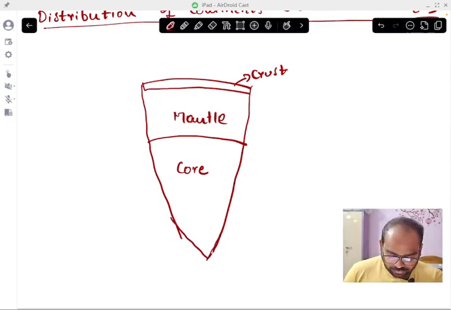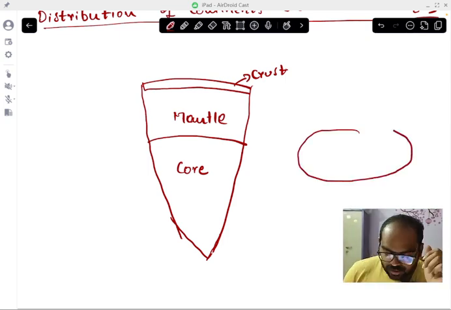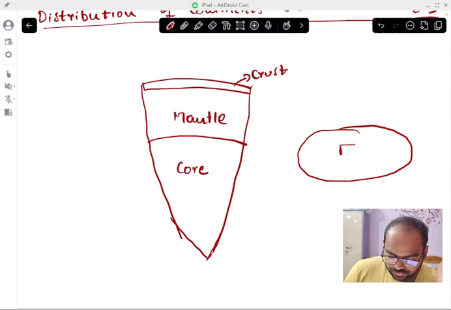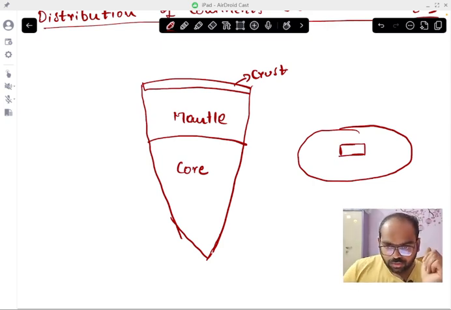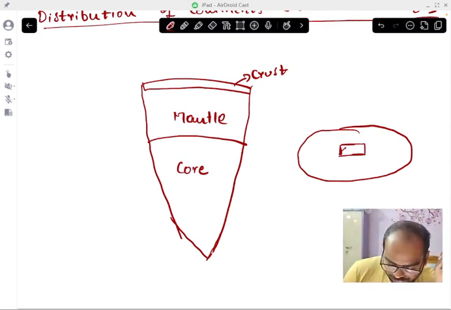It is cross section of the earth. What is cross section? For example, if you take a watermelon, you make cuts like this in the middle, and you take out that part in a rectangular shape.